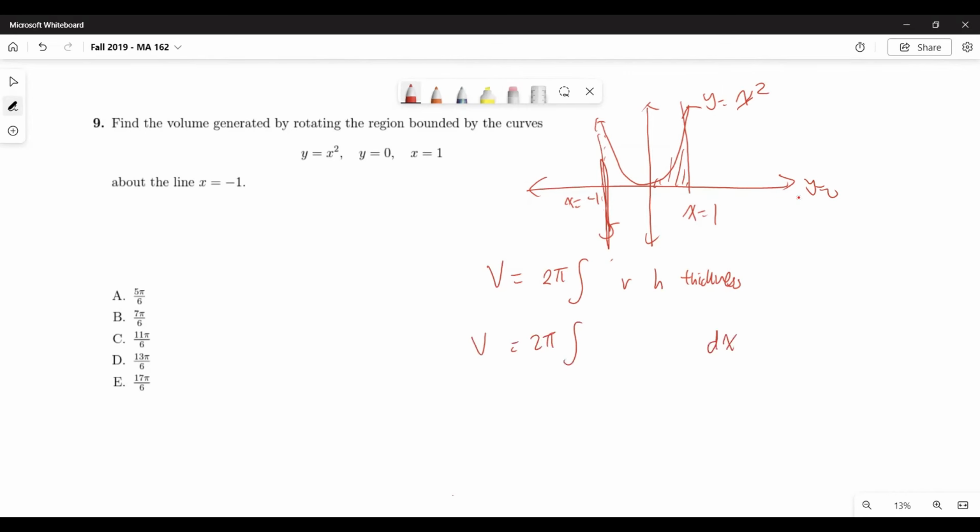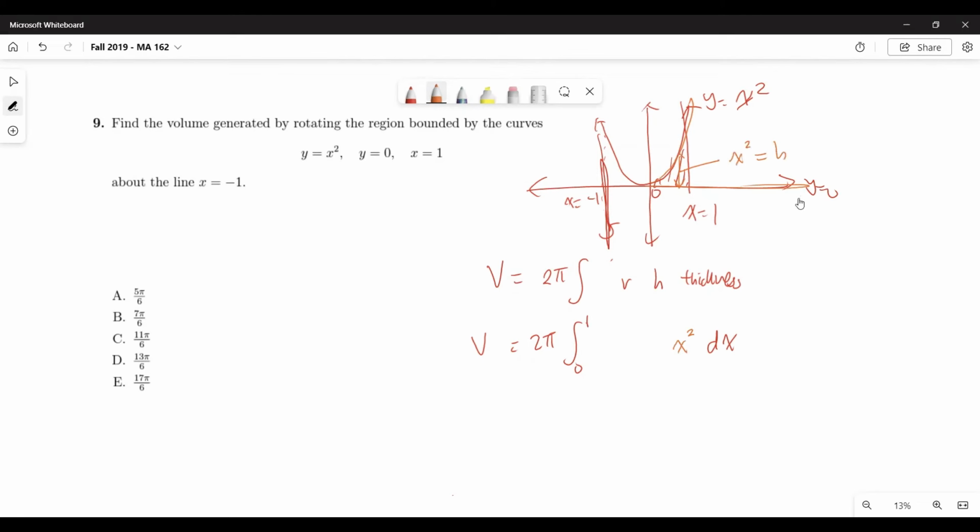And it's rotating from 0 to 1, and we just find the radius and height. So the height is from the x-axis to y equals x squared, which is simply x squared.